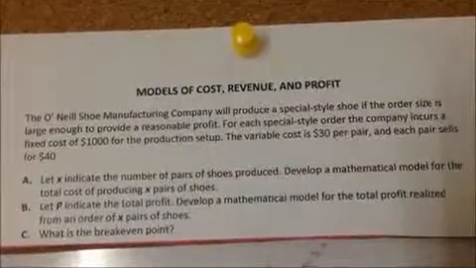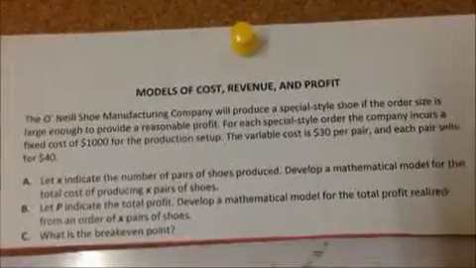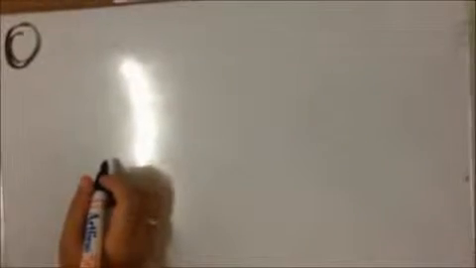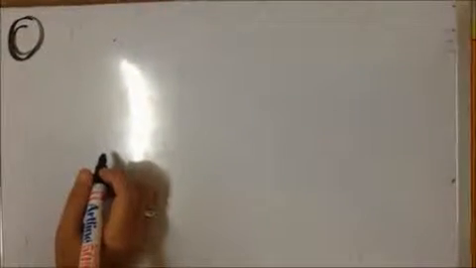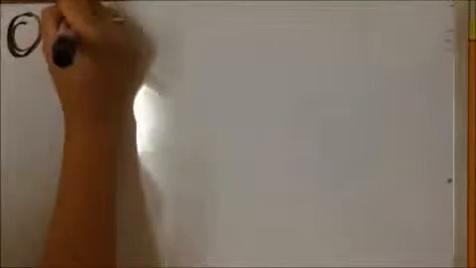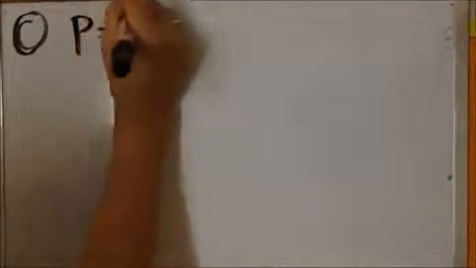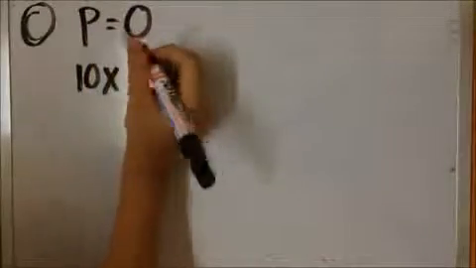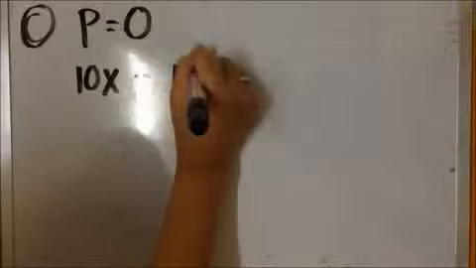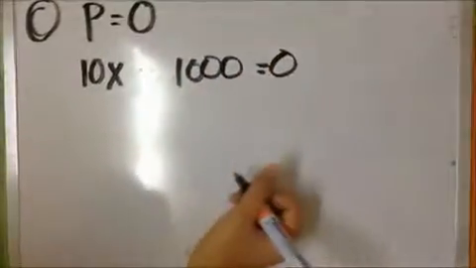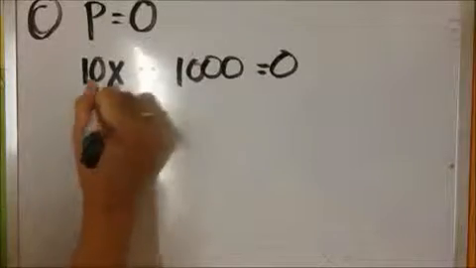So for letter C, what is the break-even point? The break-even point yields zero profit, where total cost is equal to revenue. So P would be equal to 0, and it would be 10X minus 1,000 is equal to 0.